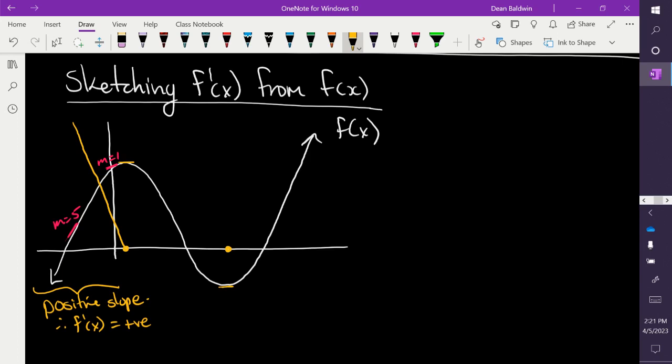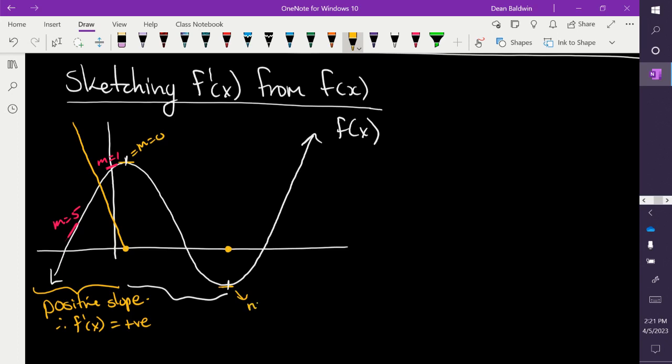Okay, now, next section. This part. So from here to here. Is that slope positive or negative? Negative. If you're negative, are your values above or below the x-axis? Below. And what's the slope here? m is equal to 0.